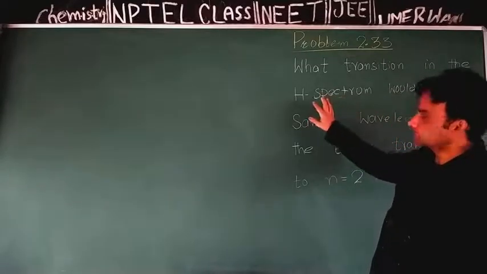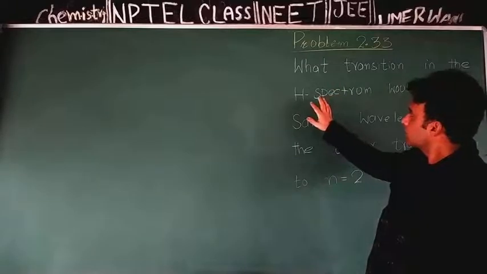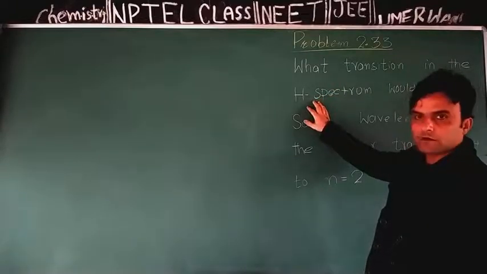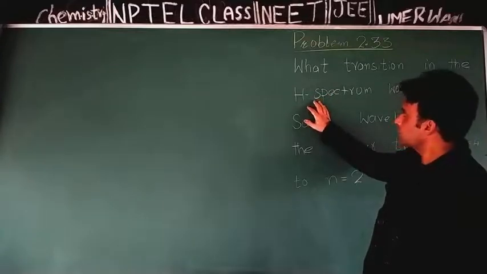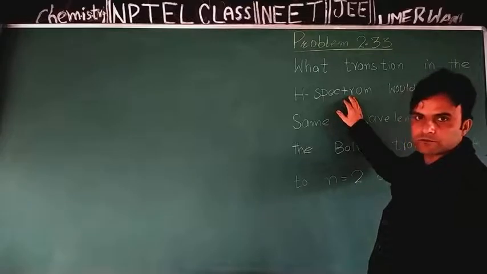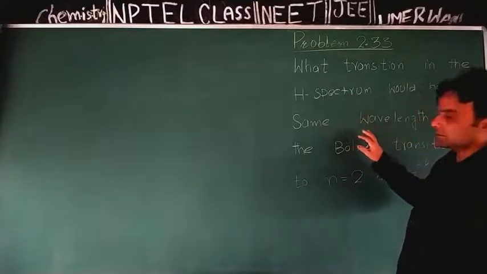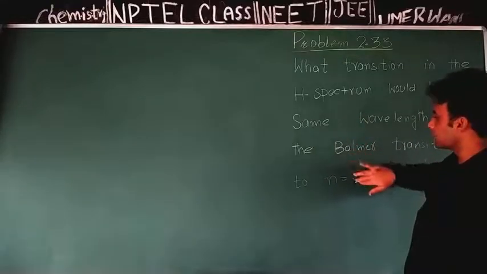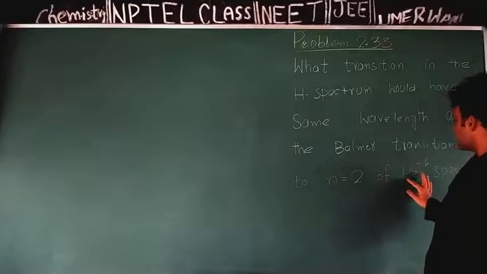Question says that identify or define the transition occurring in case of hydrogen atom that will emit the same wavelength of the quantum of radiation as emitted in case of helium ion.